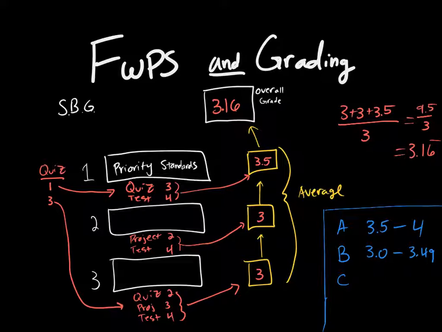A C would be from 2.5 to 2.99, that's where 2 ends, and then an F is anything from 0 to 2.49, and that's just how the grades work. And so your overall grade in a class would be an A, a B, a C, or a D based on your overall grade.